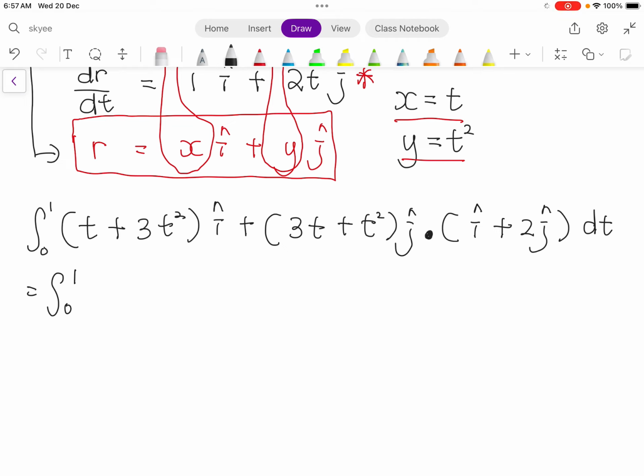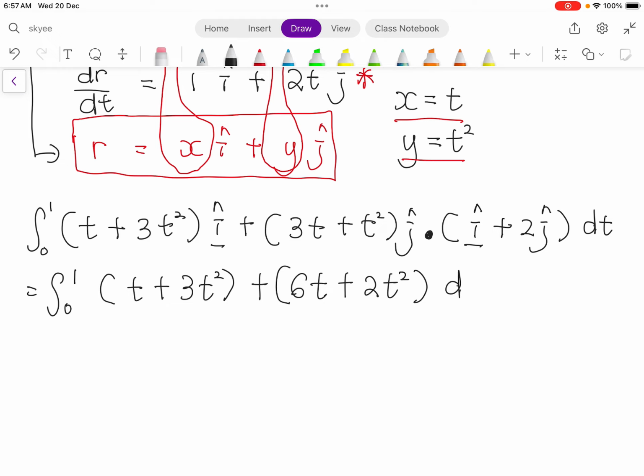So i with i, j with j components. So you get t plus 3t squared, this is the multiplication of the i components, and then you plus the multiplication of the j components. So you have 6t plus 2t squared, dt.